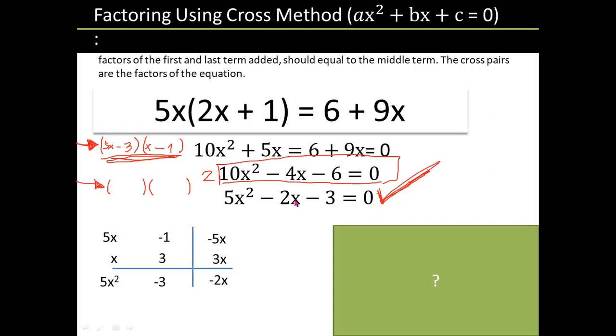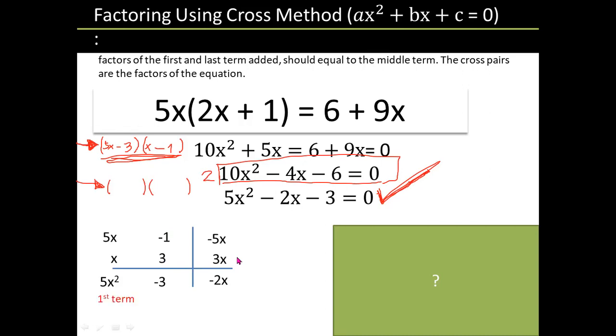But make sure that you can get the middle term, which is negative 2x. So therefore, you have 5x times negative 1 is negative 5x. And x times positive 3 is positive 3x. So therefore, you now get negative 2x, the middle term.